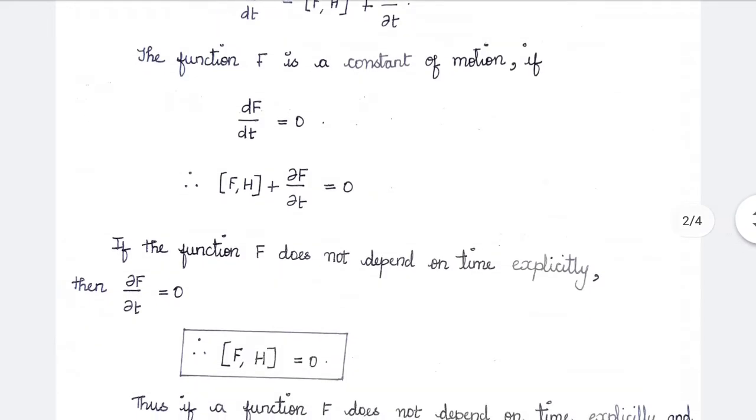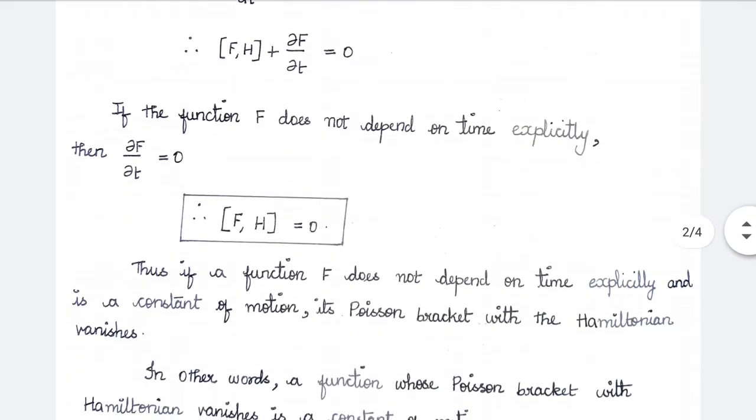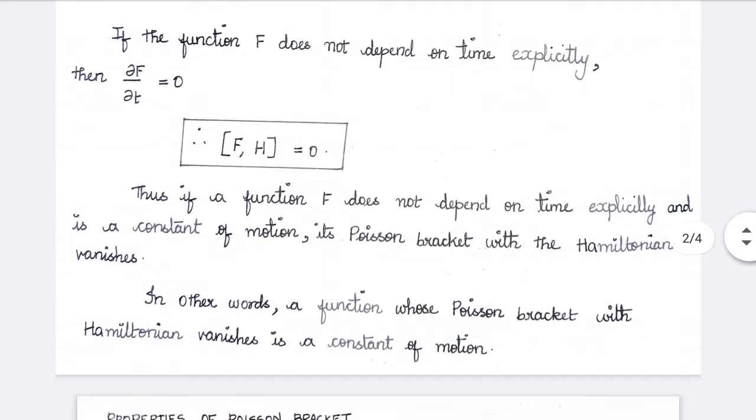And if this function f does not depend on time explicitly, then again our dou f by dou t also vanishes or goes to 0. We get the commutation of f with h is equal to 0, that is, the Poisson's bracket of f with the Hamiltonian h goes to 0.